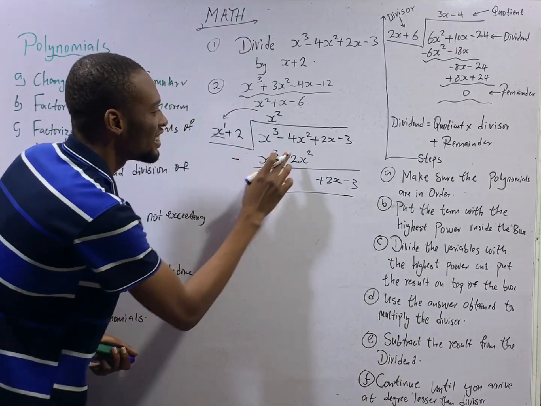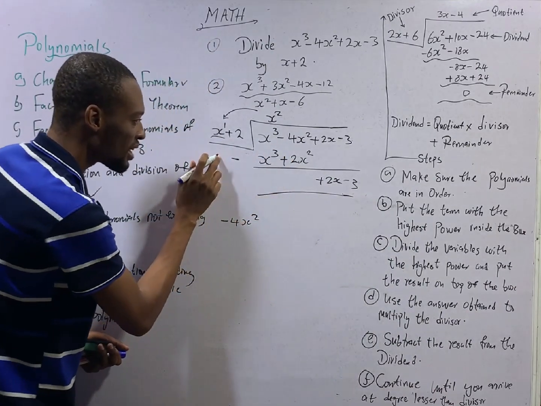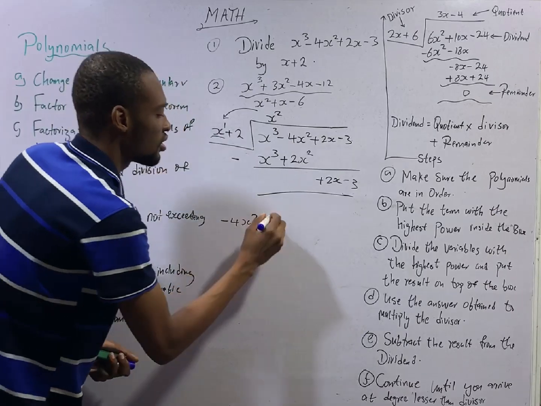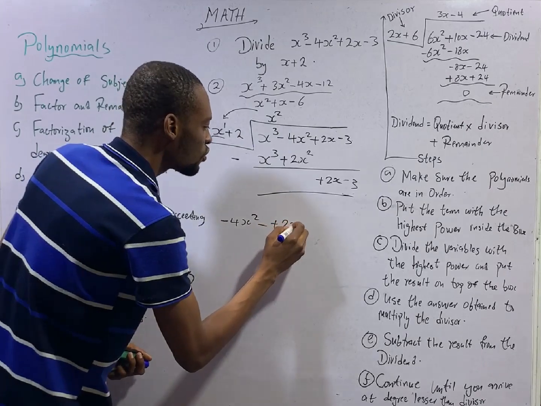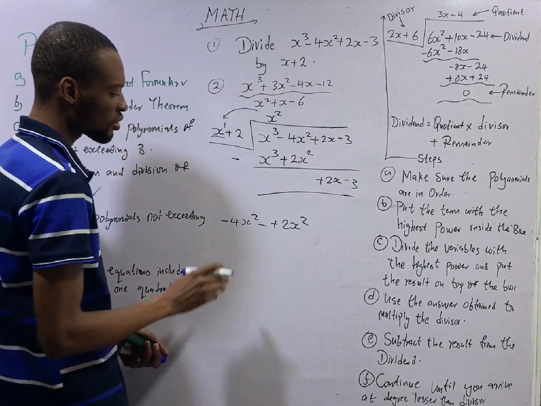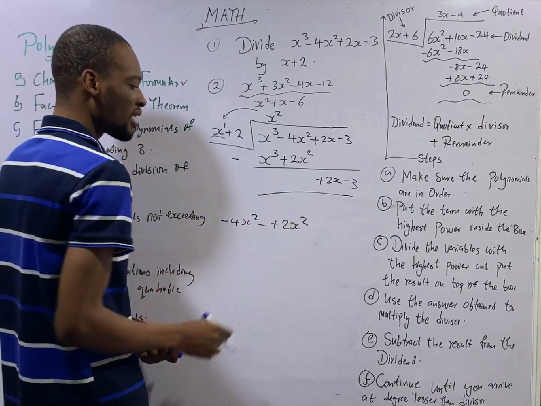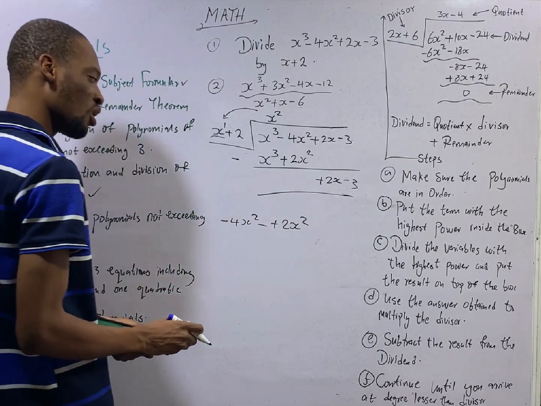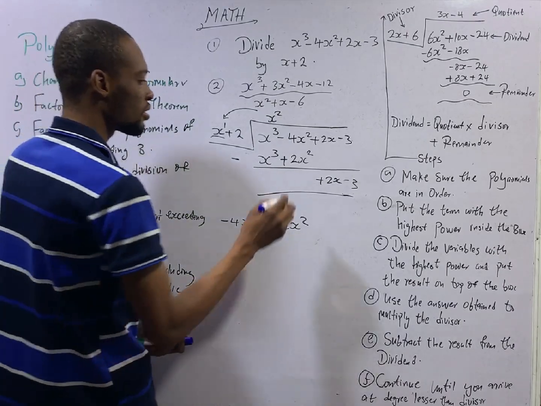So here, this is minus 4s squared, and this is already minus, then plus 2s squared. Plus and minus will always win. So this is the same thing as minus 4s squared minus 2s squared. You are owing 4, you borrowed another 2. That should be minus 6s squared.